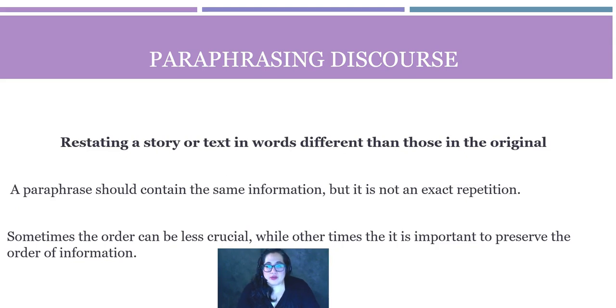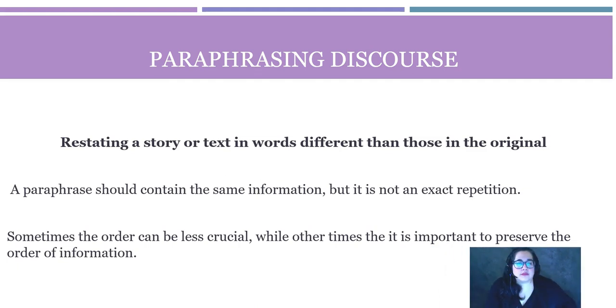So back to those paraphrasing techniques. So this is paraphrasing discourse and it's actually unit 5 of the English Skills Development book. And if you've noticed, this is what we've been doing.